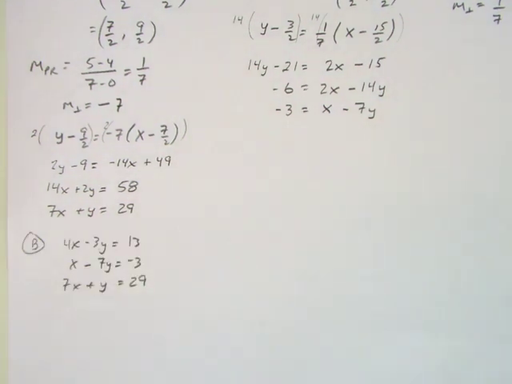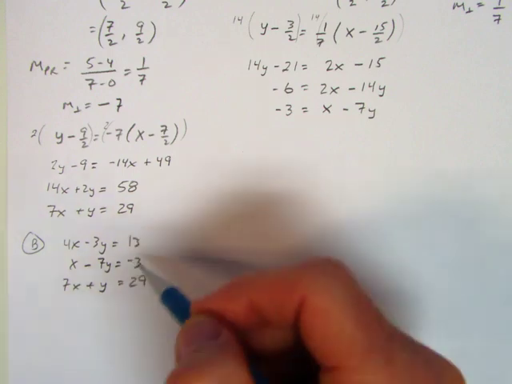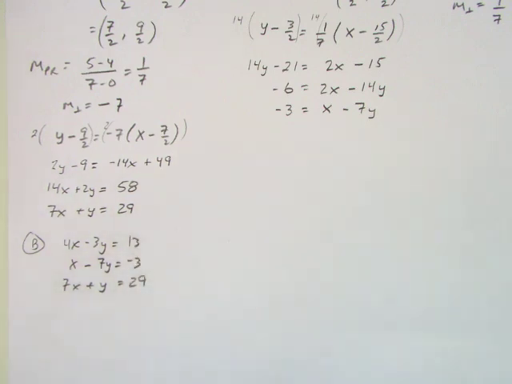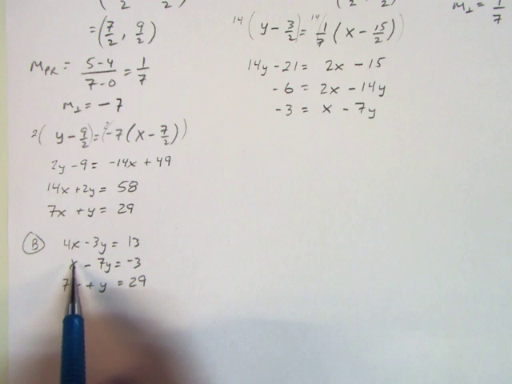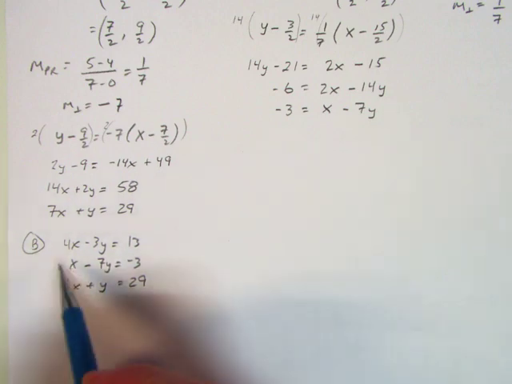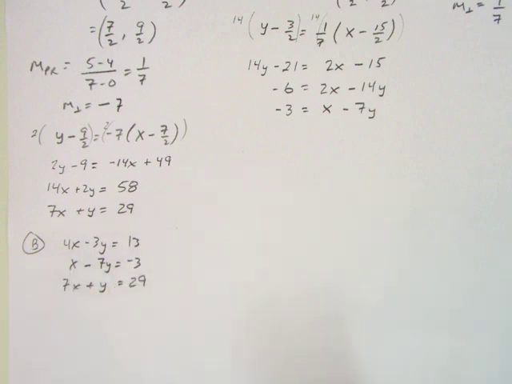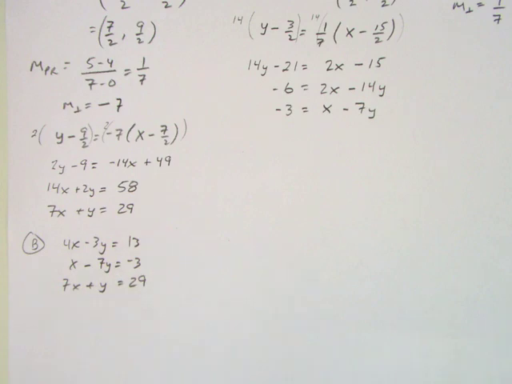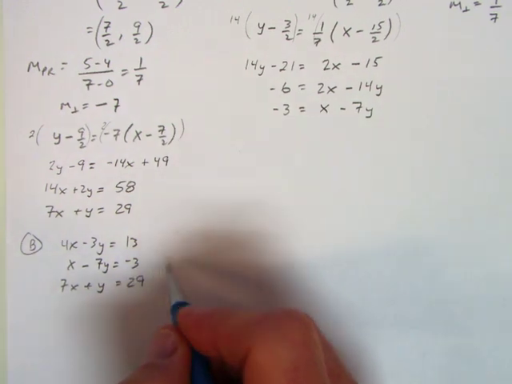You can pick any two equations, we'll solve that system, and then we'll check it in the third one. Which one do you want to use? The only one that stands out to me is either the second or the third, since those have simple values, one of them that has a 1 in front of the x or the y. So we could start with this. The last equation here has a 29, which is not as nice, but let's see how that goes.